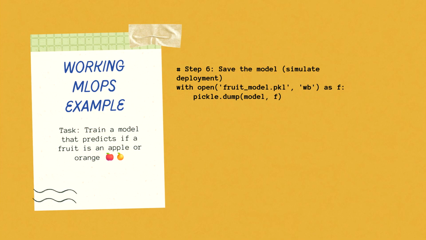Then someone else, maybe on a website, can load it and use it. So whenever new data enters like this, it will say, for example, now this time here loading the model.